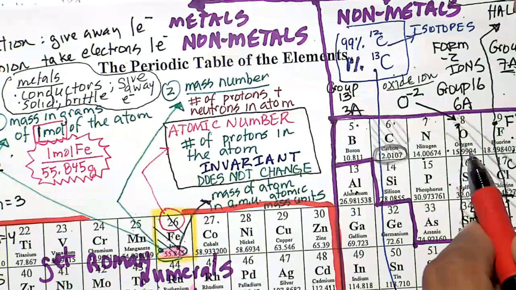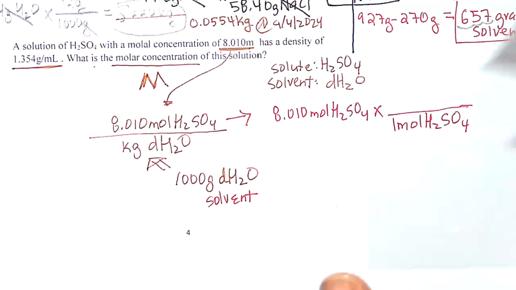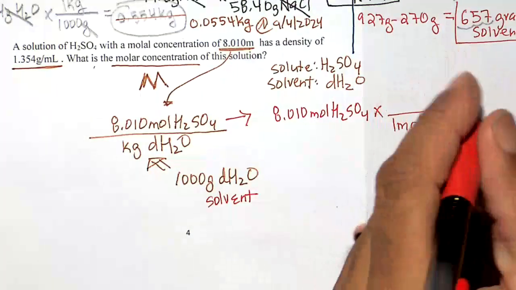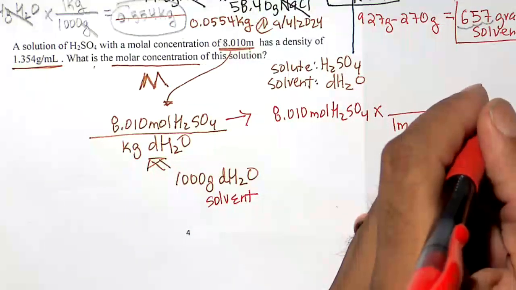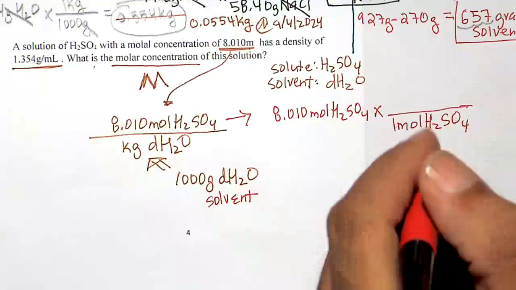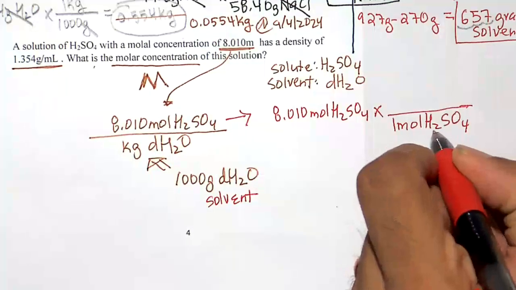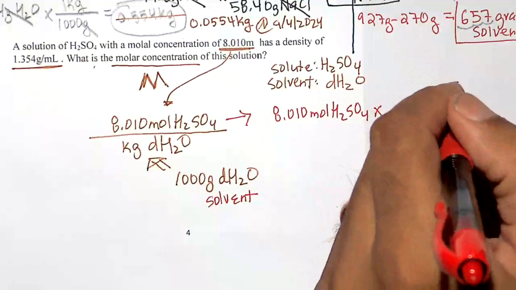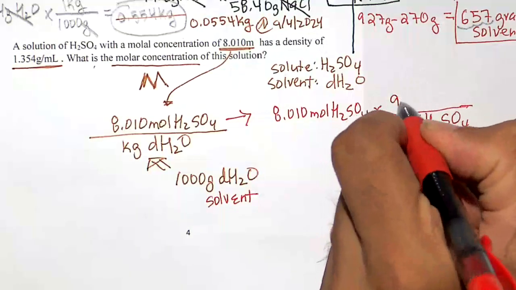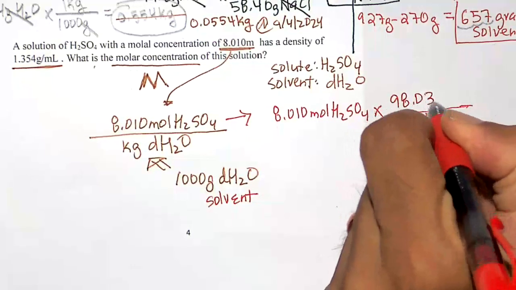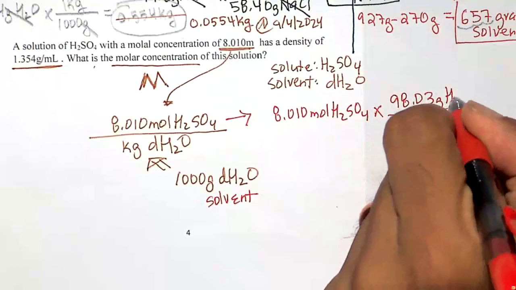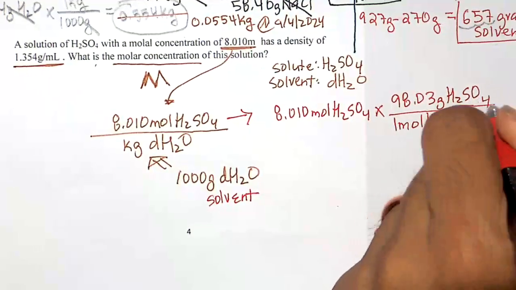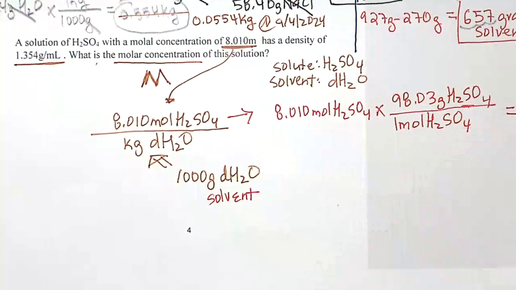Remember, you did this in Chem 1? All right, so I added those up together just to save some time, and I'm getting about 98.03 grams of H2SO4. Yours may be a little bit more, a little bit less, that's fine.